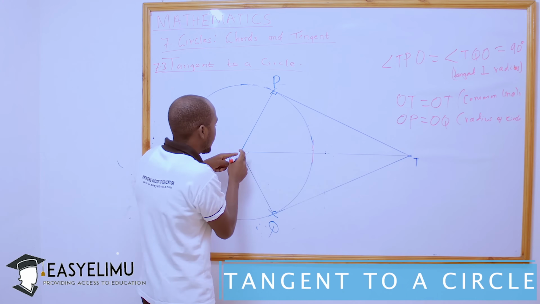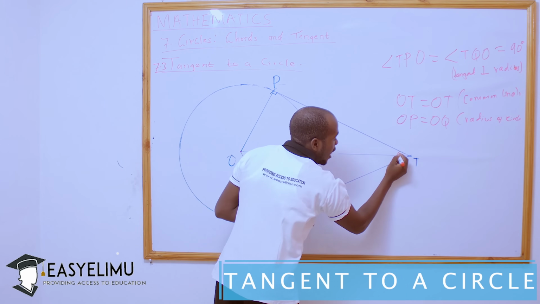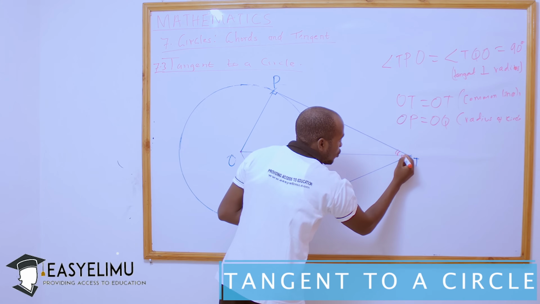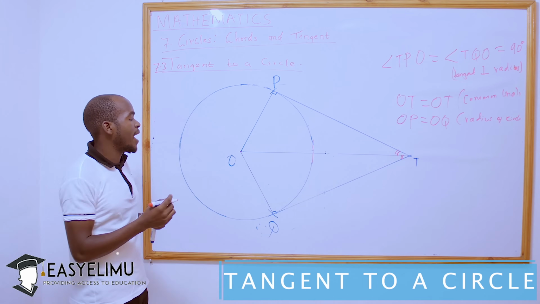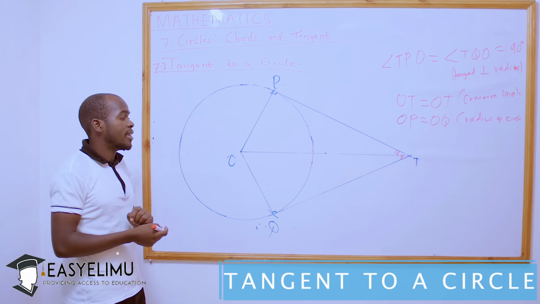Since the line OT bisects the two, this angle will be equal to this angle, because it is a line which bisects the two and passes through the center of the circle.